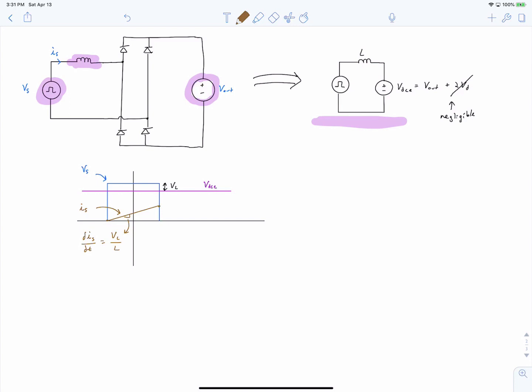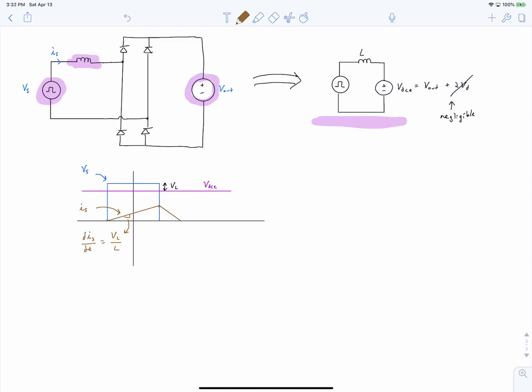Finally, when we get to the end of this region, where our source voltage goes to 0 volts, it goes below the DC equivalent voltage of our rectifier. At the beginning of the semester, we would have said that the diodes all turn off at this point. However, that is no longer possible because we have this leakage inductance in series with the rectifier. So we need to allow some time for the current to decay.